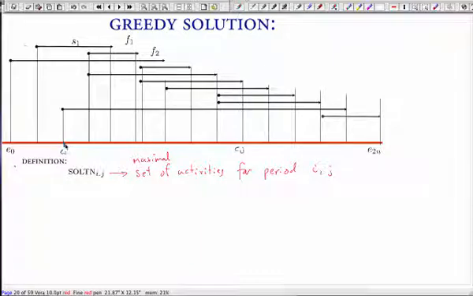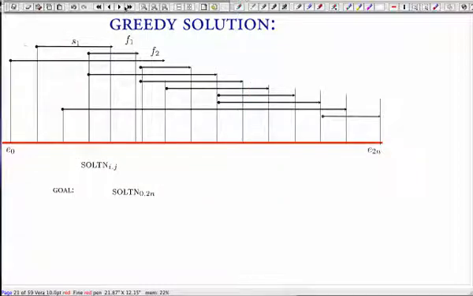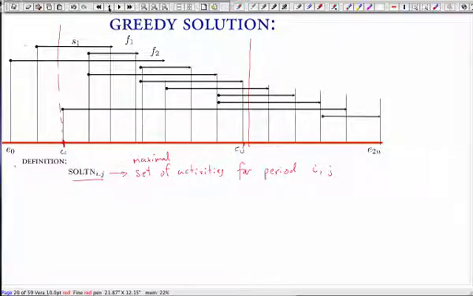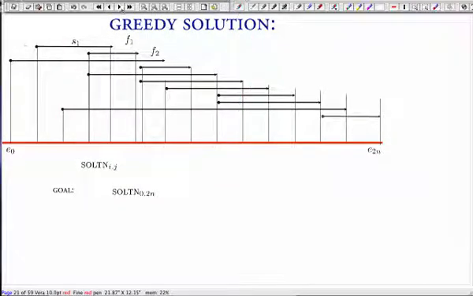So between some period, like this is i and this is j, the most number of activities that you can put into that, we're going to call solution ij. And with that notation, our goal is to find solution 0 to n.